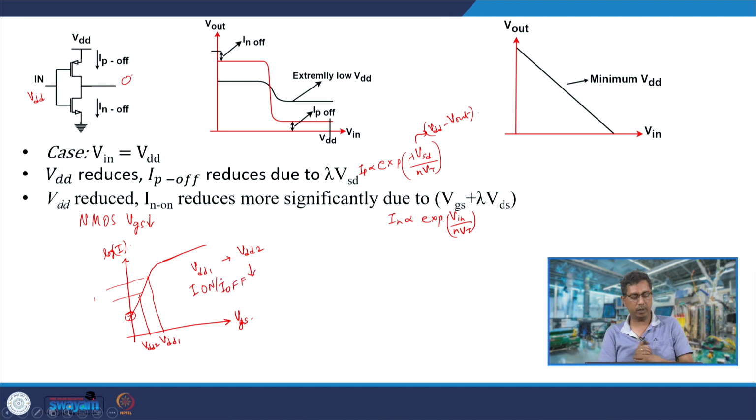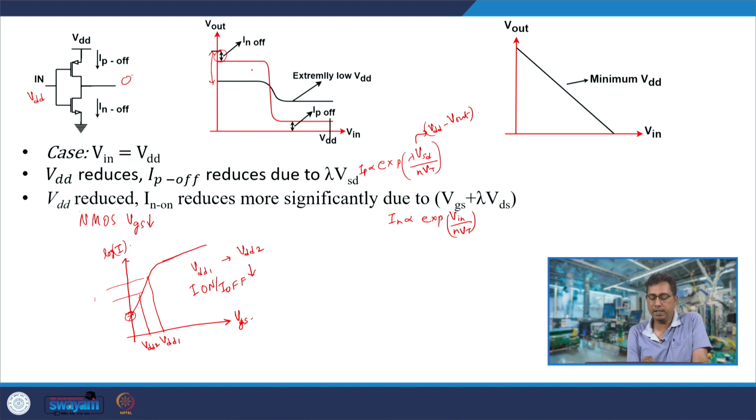Okay. So, what is the implication of this? We had seen that this difference is because the off current of the PMOSFET gives rise to a certain VDS of the NMOSFET, because VDS of the NMOSFET has to rise to fight the off current of the PMOSFET. Now, when you reduce from VDD1 to VDD2, the off current of the PMOSFET increases further, and therefore this difference is even larger.